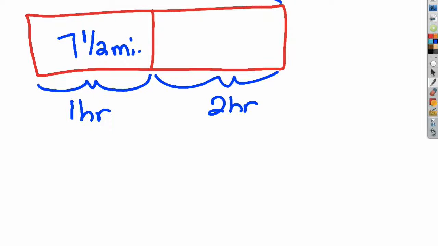How many did she run altogether? How many did she jog altogether? 13. The question that you have to answer on this problem is how many miles did she run that second hour? You have to figure out how to do that.